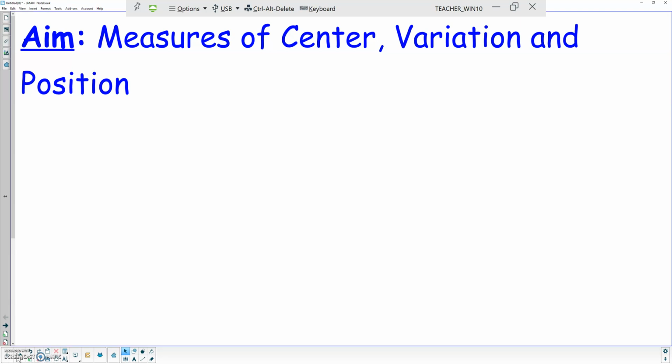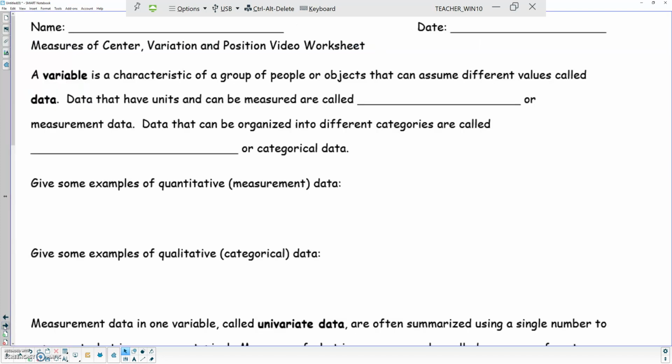And a lot of the terms we go over in this lesson are terms that you guys have already heard of. Okay? So a variable is a characteristic of a group of people or objects that can assume different values called data. Okay?